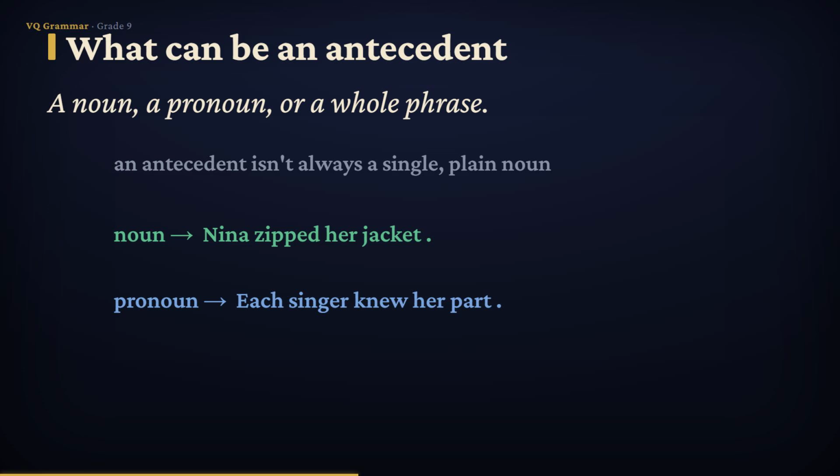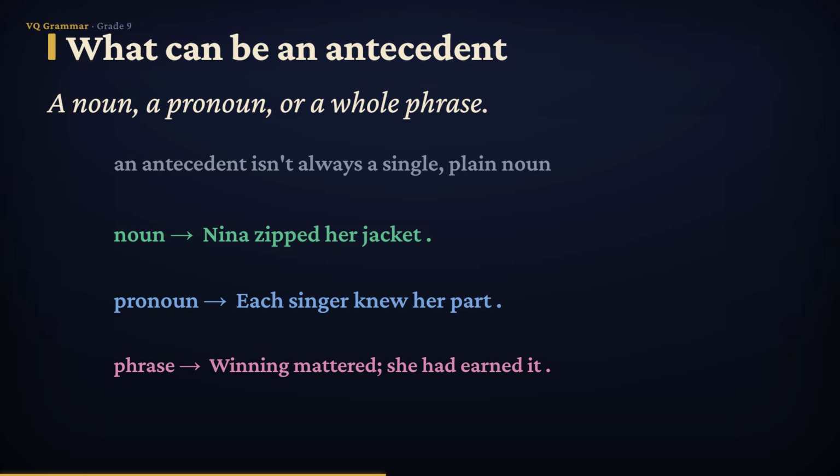And an antecedent can even be a whole phrase or clause acting as a noun. Take winning mattered, she had earned it. That little it doesn't point to a person at all. It points back to the whole idea of winning.